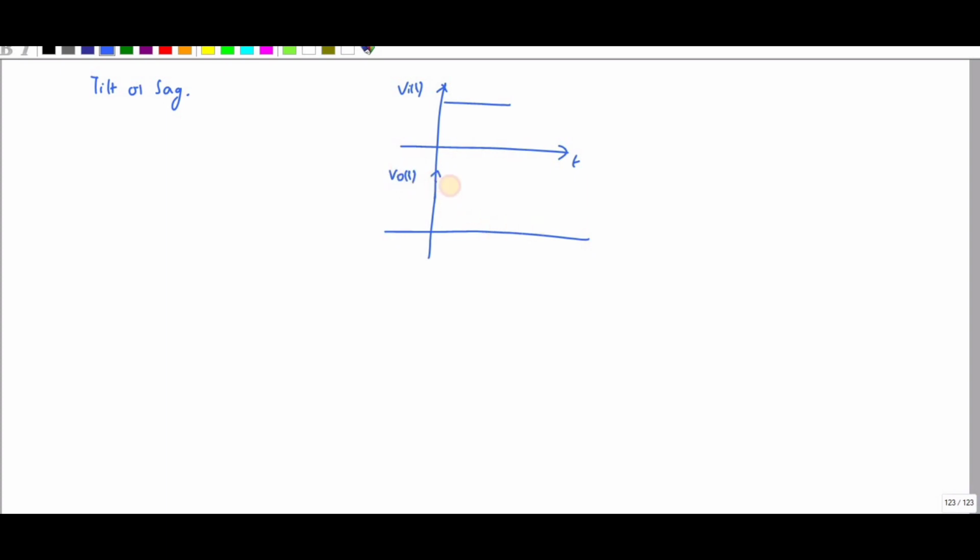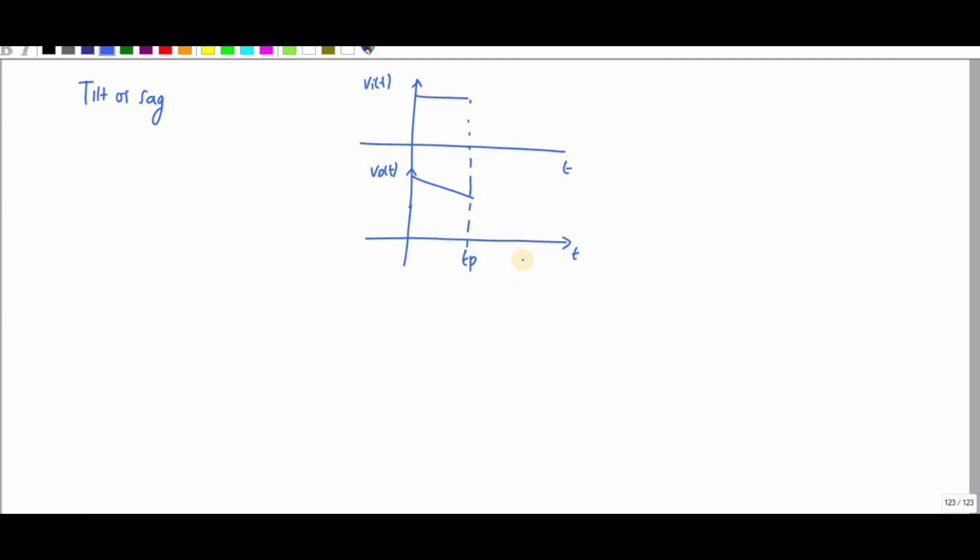Let me assume instead of decreasing like this, it is decreasing like this, at t is equal to Tp. If I assume this is V and this point is V dash, so what is my output? Output voltage V0 of t is equal to V dash, right?